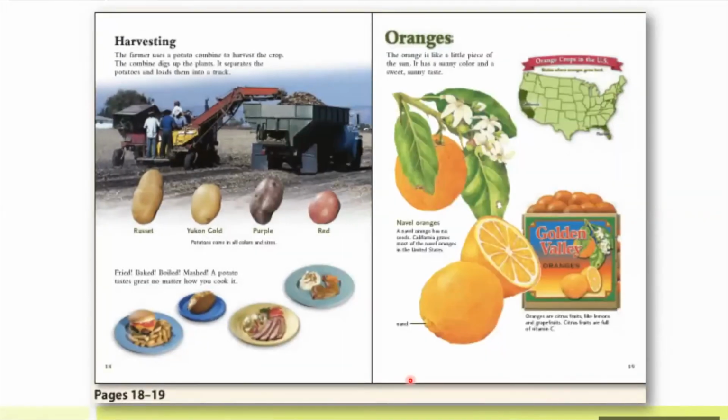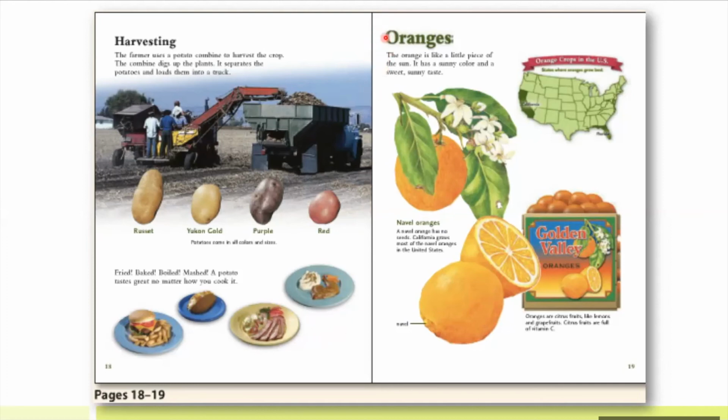Harvesting. The farmer uses a potato combine to harvest the crop. The combine digs up the plants. It separates the potatoes and loads them into a truck. Fried, baked, boiled, mashed. A potato tastes great no matter how you cook it.